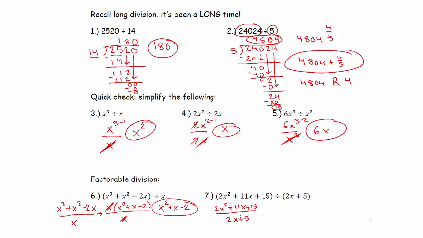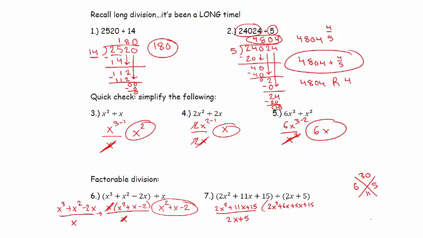So when it comes to polynomial division, you can't basically do any crossing out unless you have it factored. So the top would need to be factored in order to look for anything that's the same. So I need numbers that make 30 that also make 11, and 6 and 5 are definitely going to do that trick. So I can rewrite this as 2x squared plus 6x plus 5x plus 15.